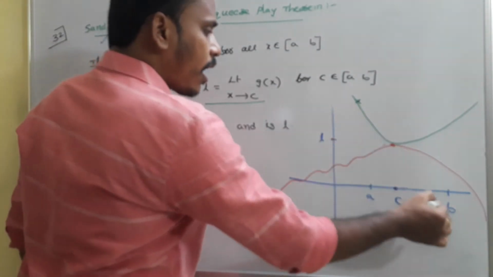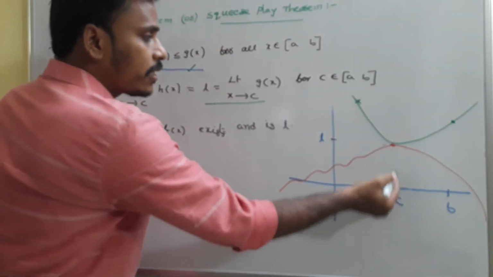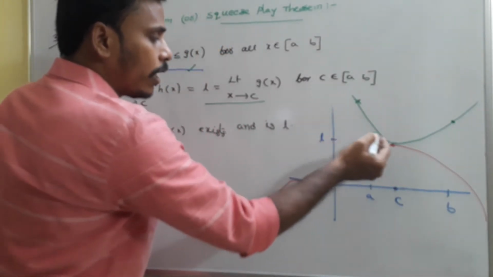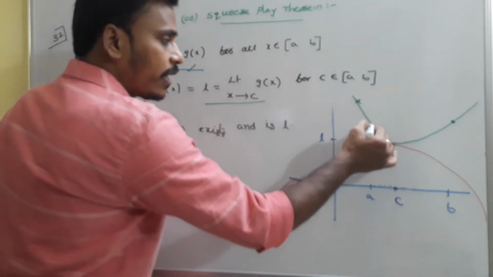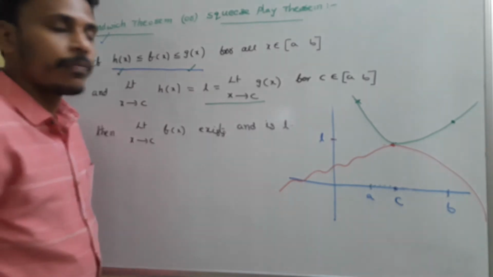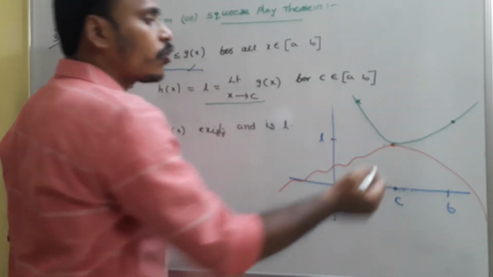At a and at b, the graph should be continuous from a to b, and at c, for sure it is approaching L. When you are reaching c from the left side, the graph is coming nearer to L. When we are nearer to c on the right side, again the graph is nearer to L.